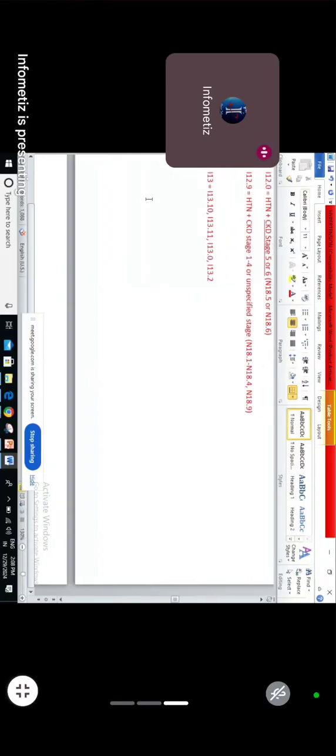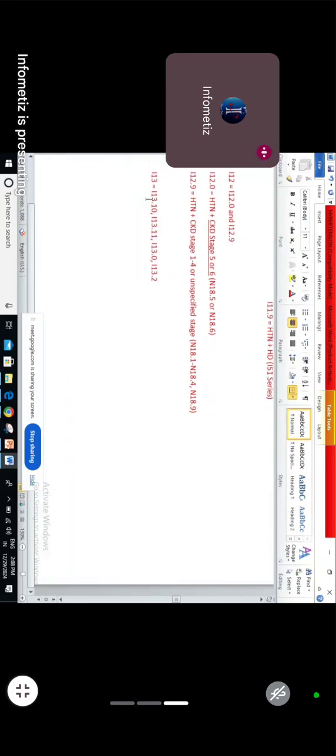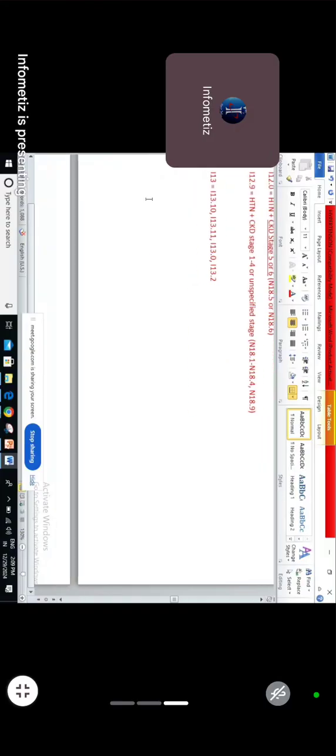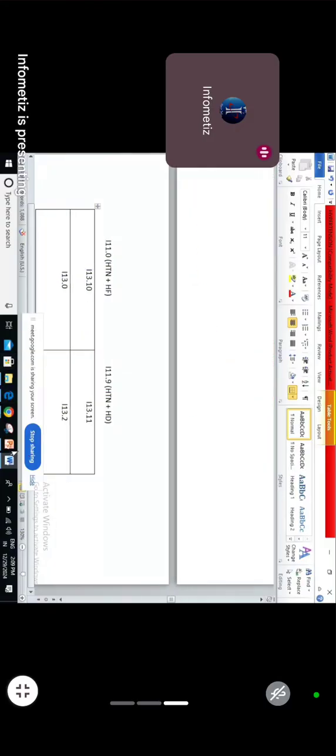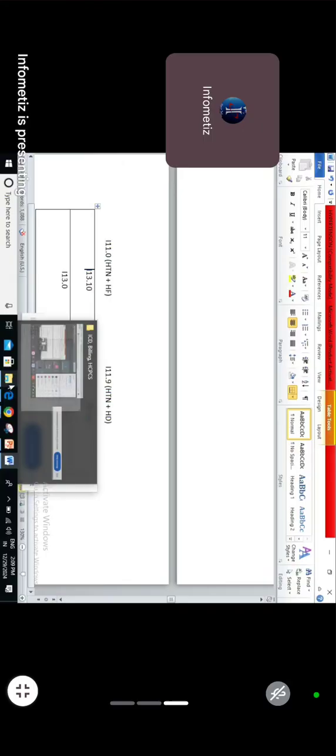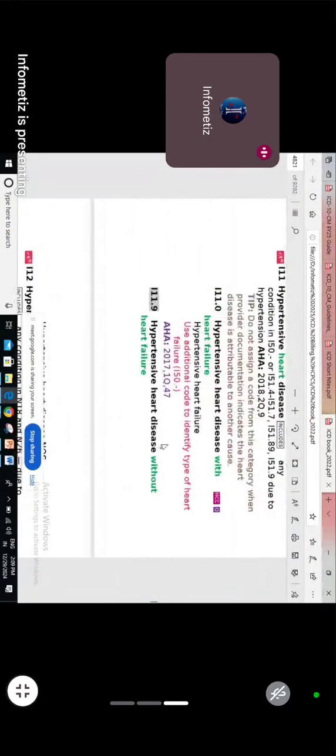So the I13 series: I13.0, I13.10, I13.11 and I13.2. This is the code for hypertensive. Okay, see this.